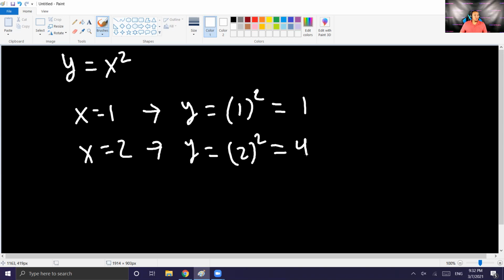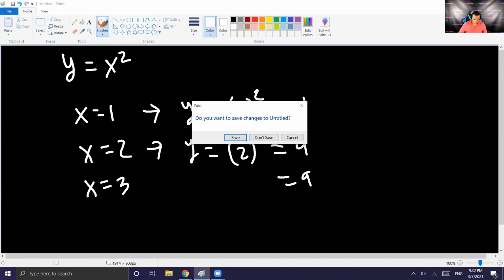So we see that as x increases by 1, y increases more and more. And you can repeat this process and keep going. You can get 9 and so on. So here's what I'm trying to say about this.